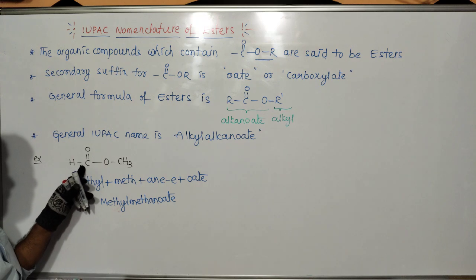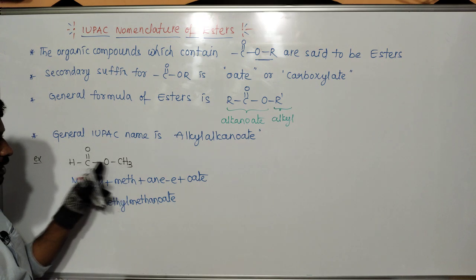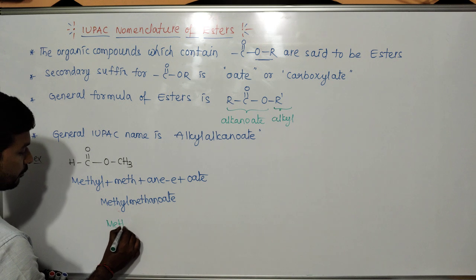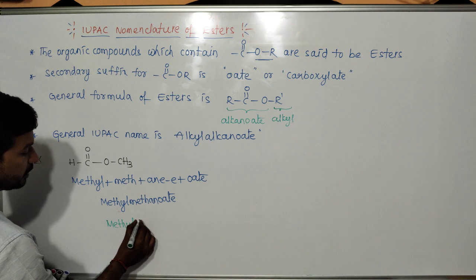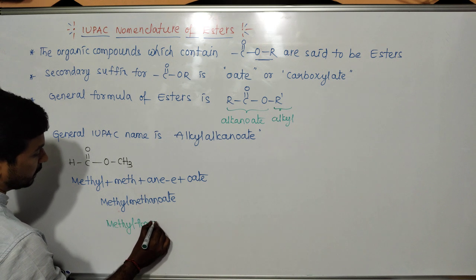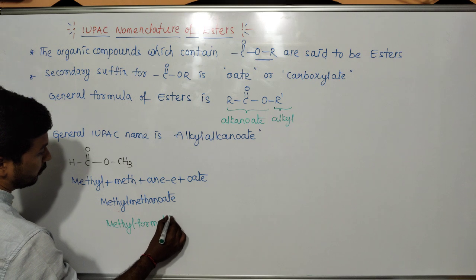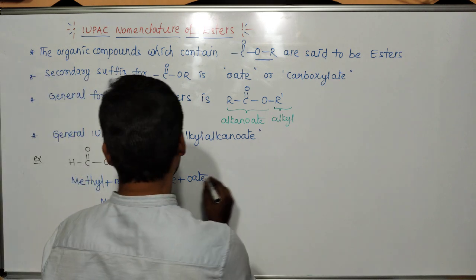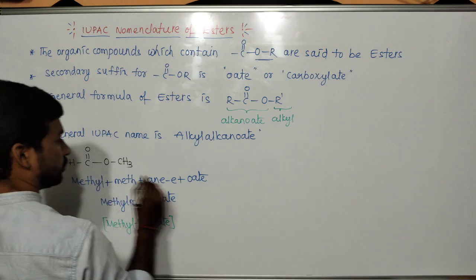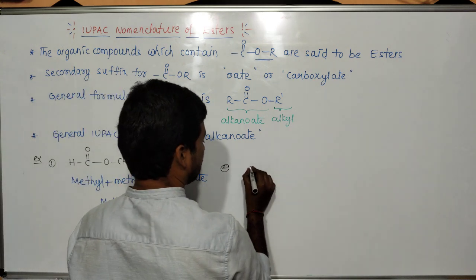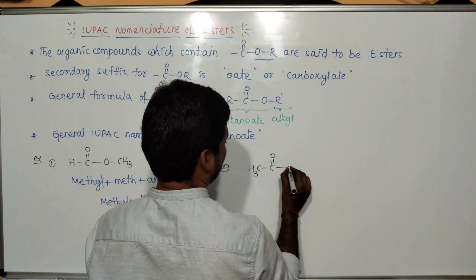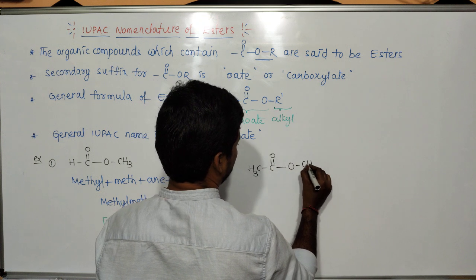HCOOH is formic acid. The formic acid derivative gives methyl formate. Methyl methanoate, the other name is methyl formate. Second example, CH3COOCH3.